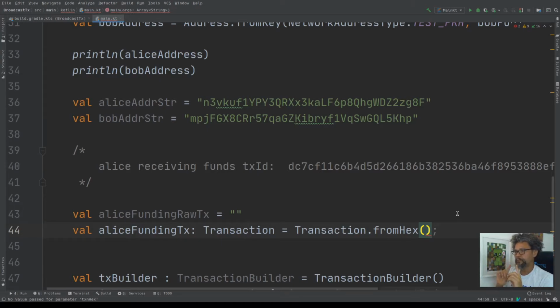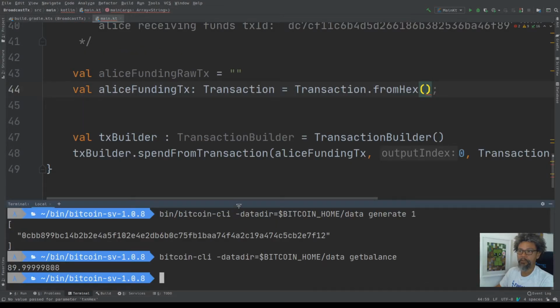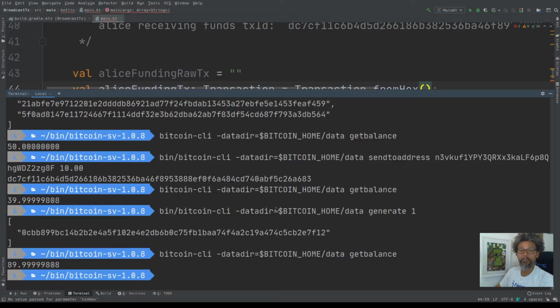Okay, so we need the raw transaction data, which is essentially the raw data structure that has been serialized and then encoded in hex format. Where do we get that? Well, we need to go and ask our local Bitcoin node to get us the transaction.